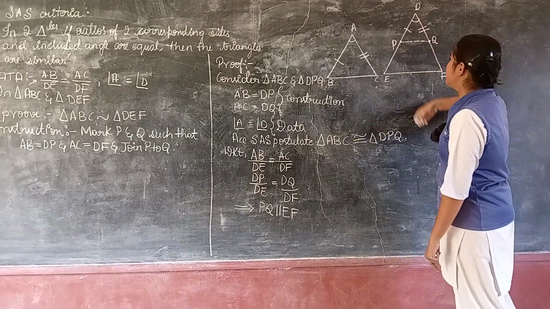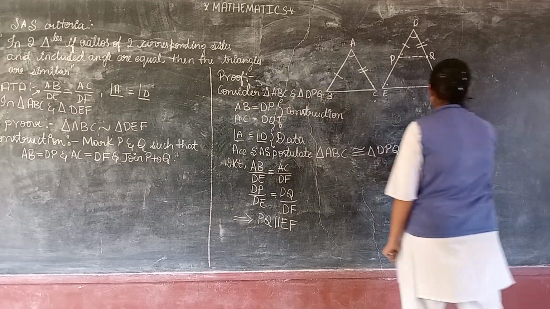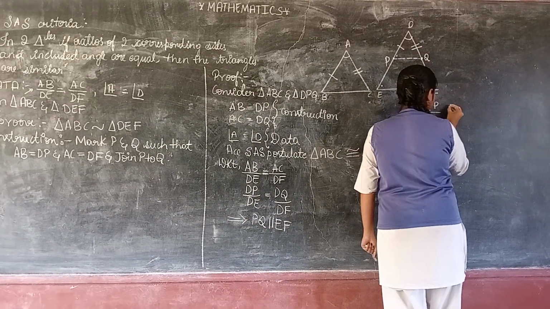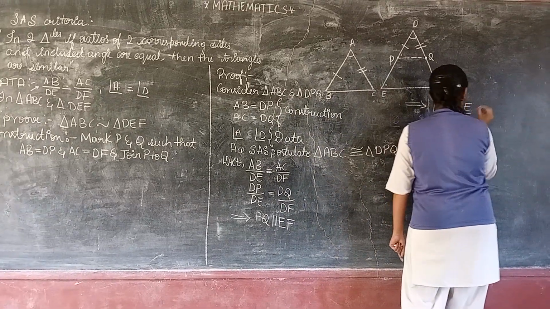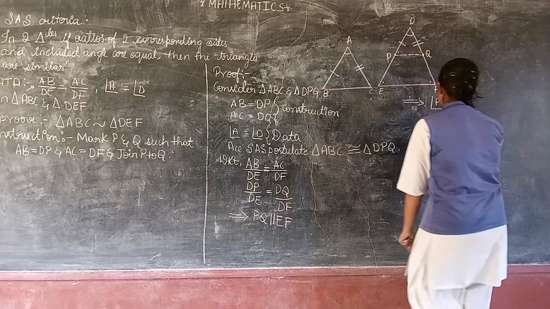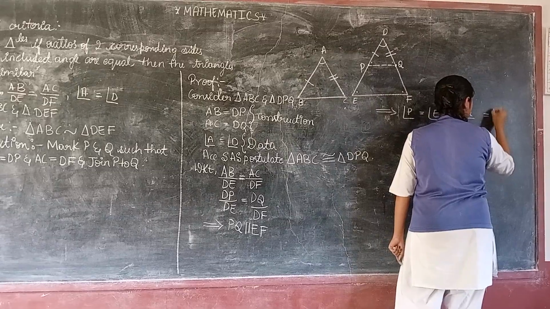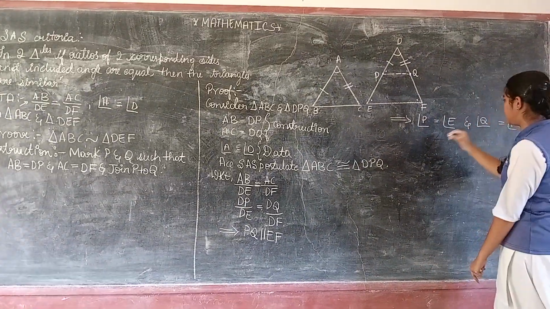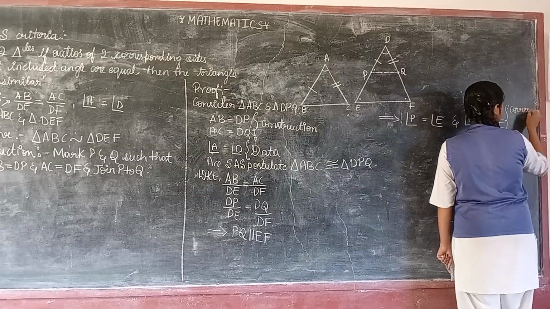In this, the first corresponding angle, angle P, will be equal to angle E, and angle Q will be equal to angle F. What is the reason for this? The reason is they both are corresponding angles.